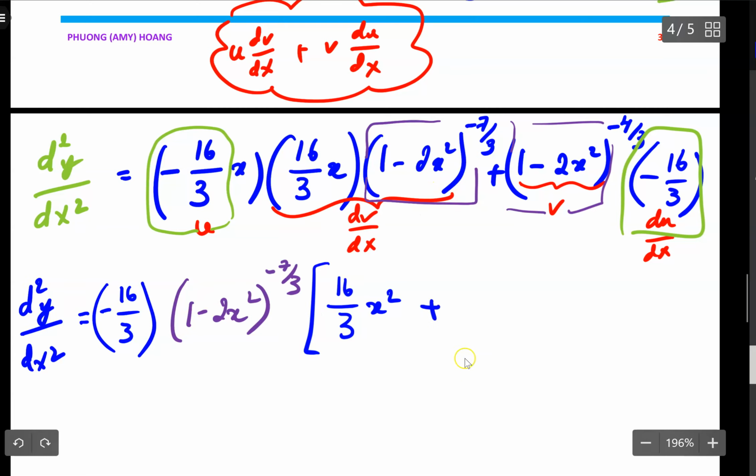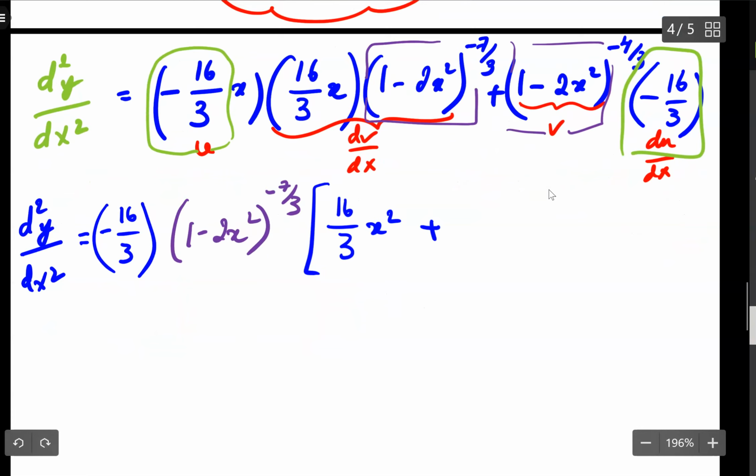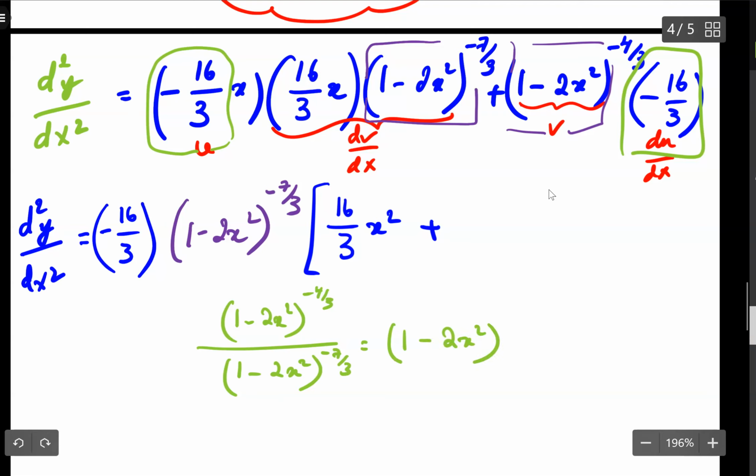And your next fraction will be negative 7 over 3 divided into this expression. Okay, so let me write it down for everyone before we get a bit confused because of that. So 1 minus 2x squared, all of it to the negative 4/3, right? So 1 minus 2x squared, all of it to the negative 7 over 3. So this will be 1 minus 2x squared to the negative 4/3, add that with the 7 over 3.